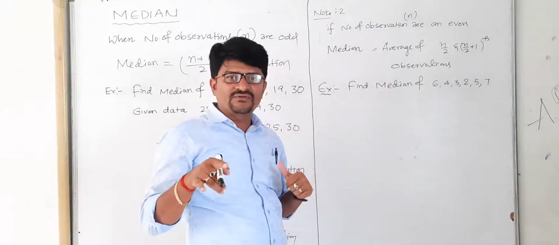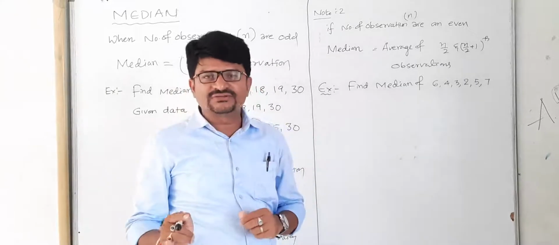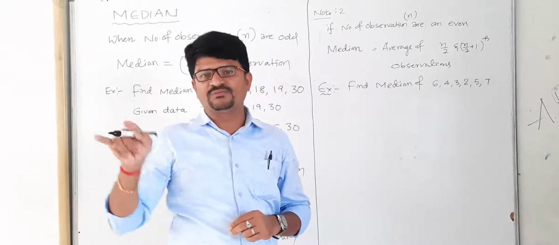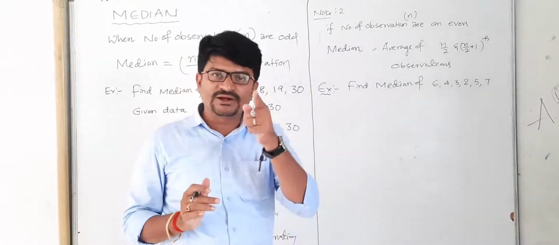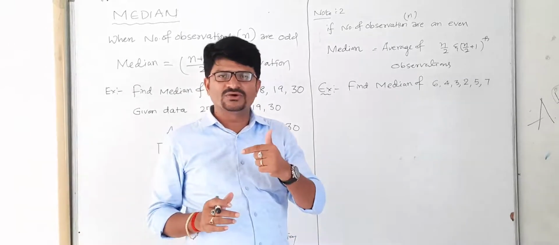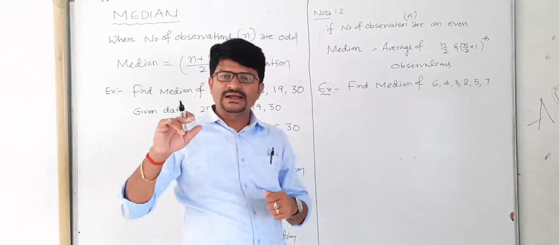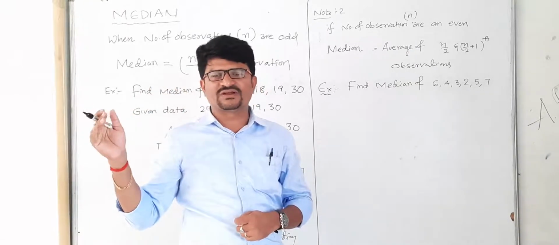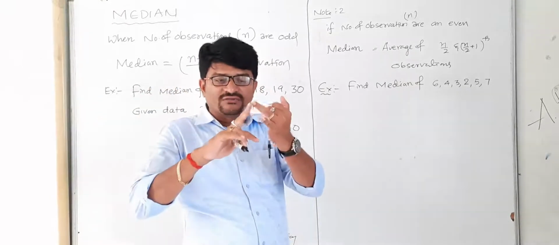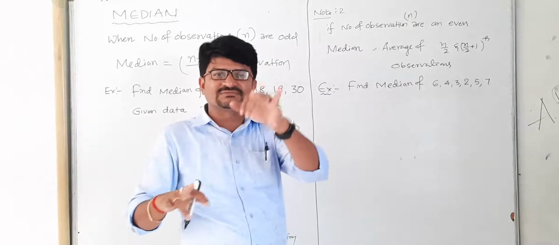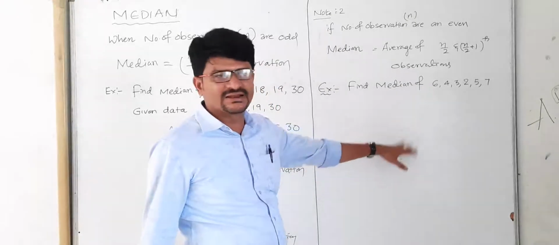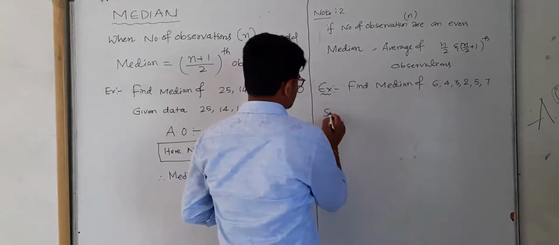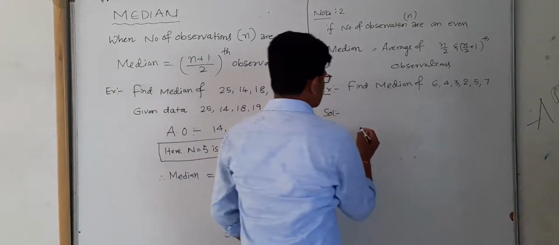An average of the n by 2th observation and the (n by 2 plus 1)th observation. Here n by 2 means 6 by 2, third observation, and n by 2 plus 1 means 3 plus 1, fourth observation. So the average of the third and fourth observations is the median here. Now solution. What is the given data?